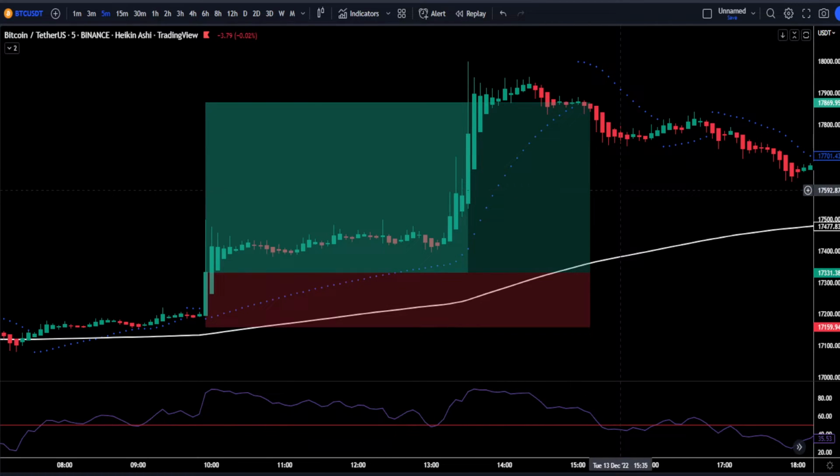So now that you know the trading rules, let's test the system out 100 times to see the metrics behind this strategy.